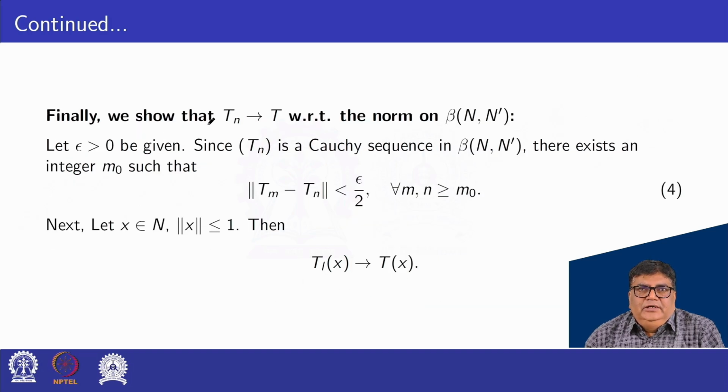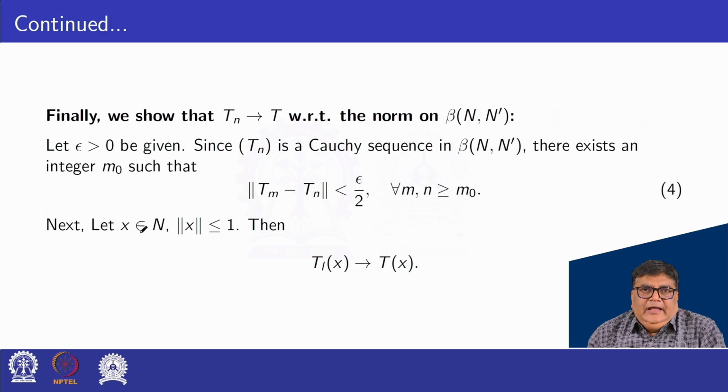Finally, we show that Tn converges to T with respect to the norm on B(N, N'). Let epsilon greater than 0 be given. Since Tn is a Cauchy sequence in B(N, N'), there exists an integer m0 such that ‖Tm − Tn‖ < epsilon/2 for all m, n ≥ m0.